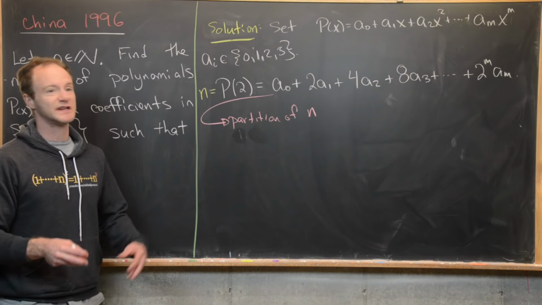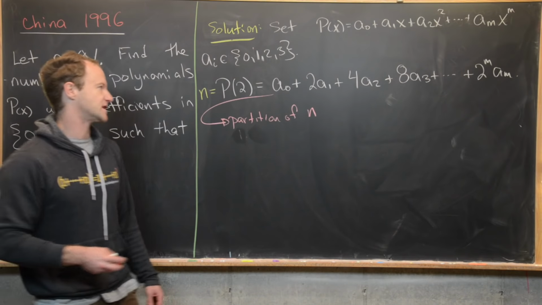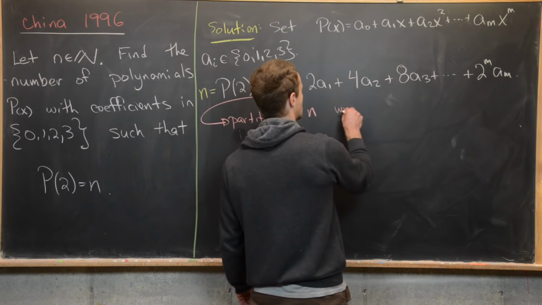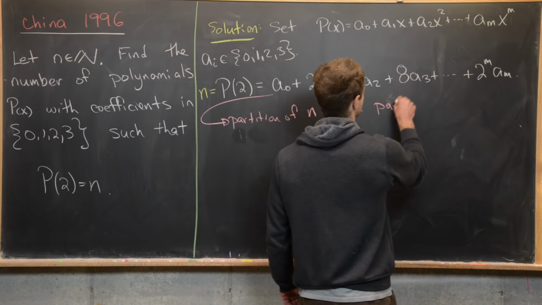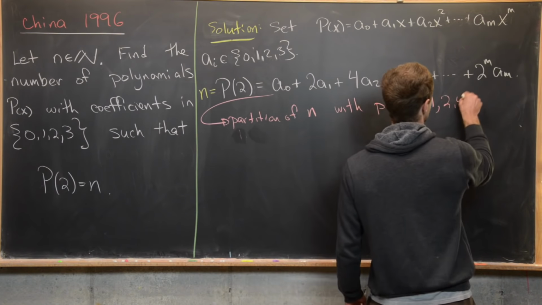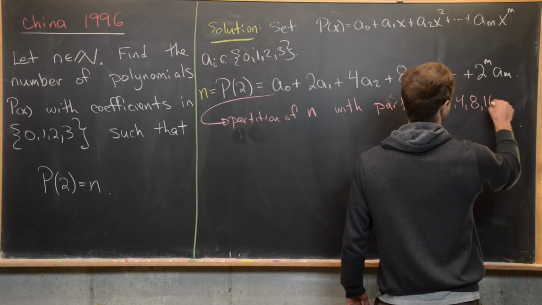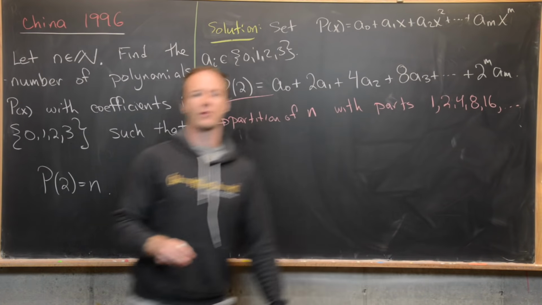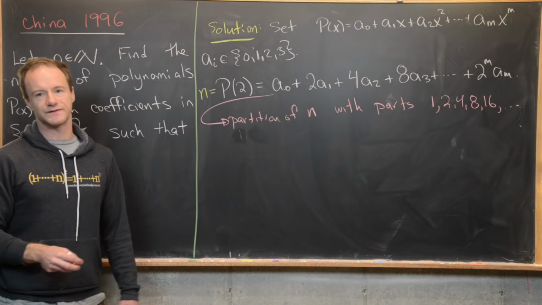Notice we are using parts that are powers of 2. So let's write that down: with parts 1, notice that's 2 to the 0, 2, 4, 8, 16, and so on. So in other words, with parts that are powers of 2.